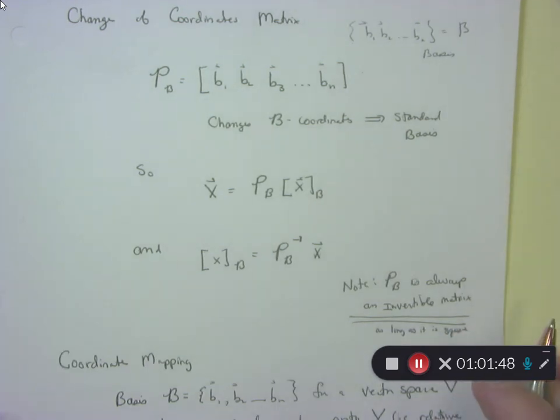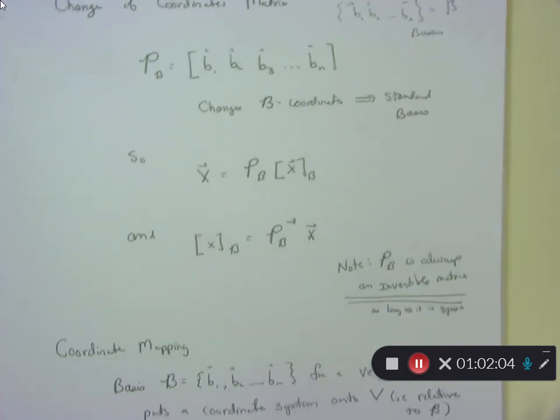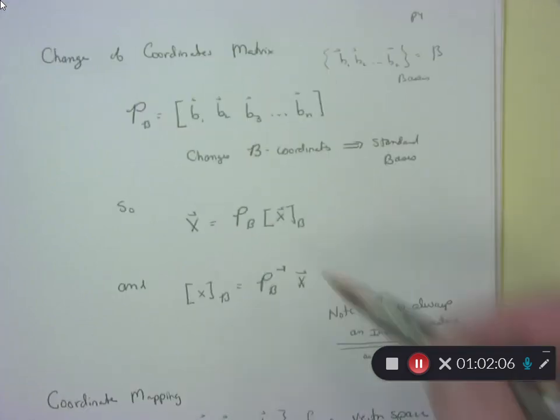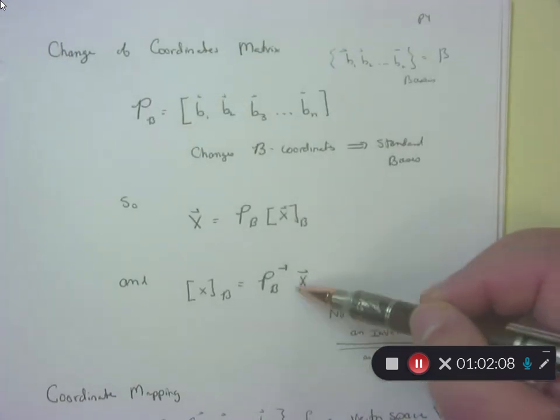And why will it always be invertible? Because the vectors, which are the columns, are linearly independent, and it's square, so you can always find the inverse. Does that make sense? All right? So that's the big idea behind this. We're writing these as equations.